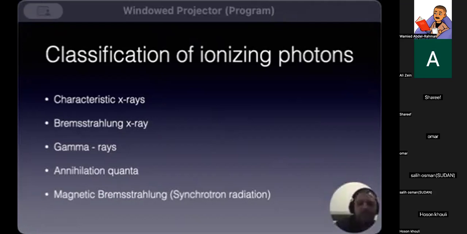These photons are classified into characteristic X-rays, Bremsstrahlung X-rays, gamma rays, annihilation quanta or annihilation photons, and the last one, magnetic Bremsstrahlung or synchrotron radiation.